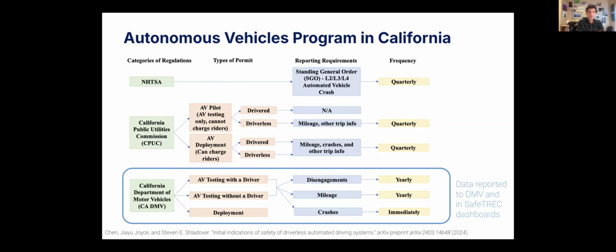Those vehicles now also come under the jurisdiction of the California Public Utilities Commission, which regulates other providers of trips like Uber and Lyft. So those also have drivered and driverless capabilities in terms of permitting, and those also can be considered testing or not testing. Now, without going into too much detail, the distinction there has to do with whether or not you're offering rides to your small group of non-paying customers or whether you're generating revenue rides.